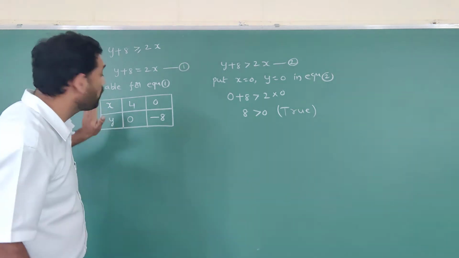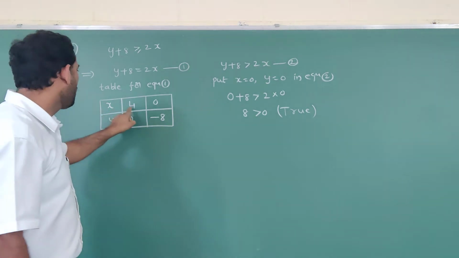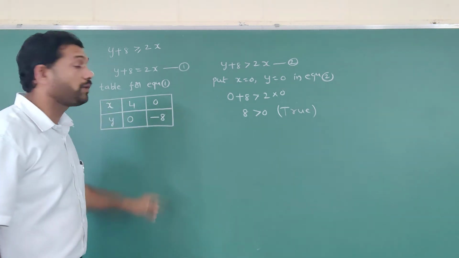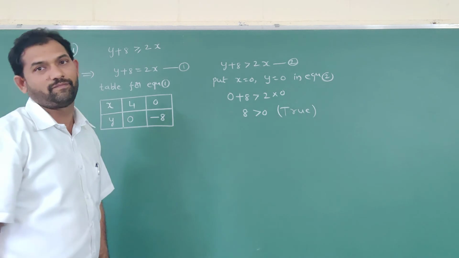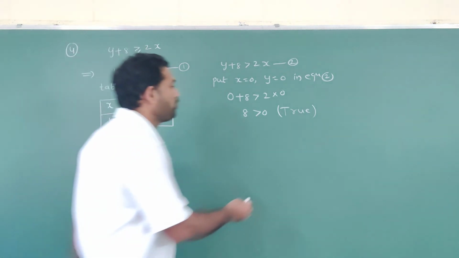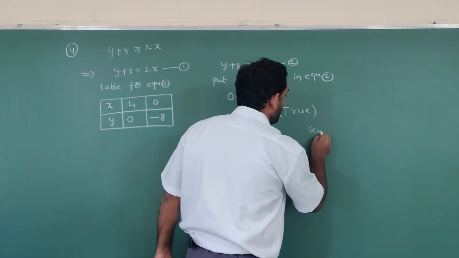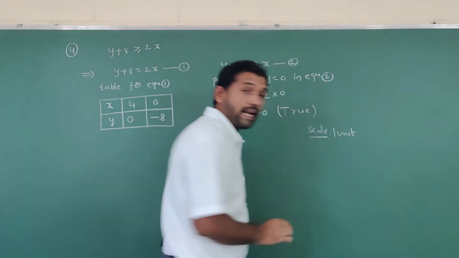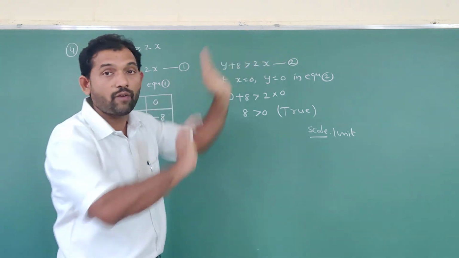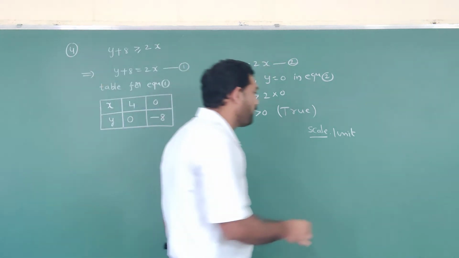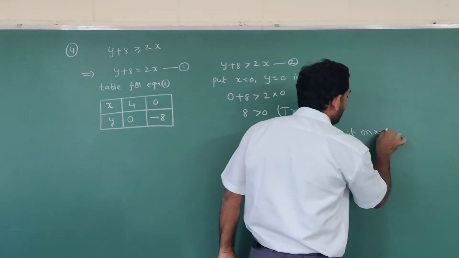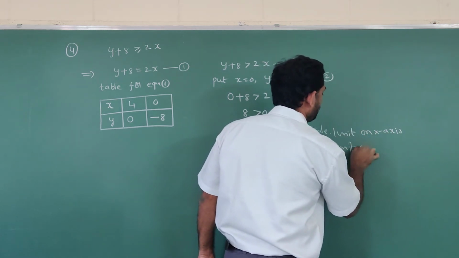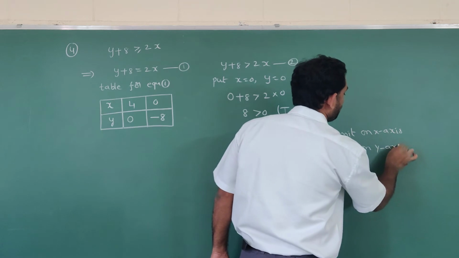Now observe the table once again for what values we represent on the x-axis and y-axis. Maximum on x-axis is 4, and maximum on y-axis is minus 8. So you should write the scale the same: above the graph, write scale 1 unit on x-axis, 1 unit on y-axis.